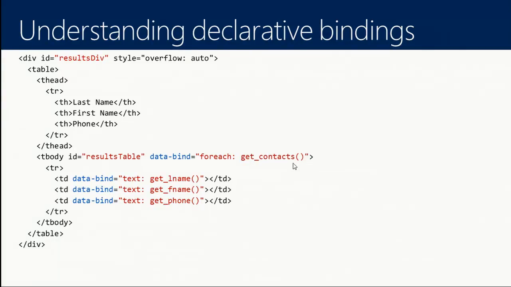Get contacts is a method that's going to return an array of contacts. Each contact has methods like get last name, get first name, and get phone, which will be data bound into this row. Basically, for every contact that comes back from get contacts, they'll be bound into a new row in the table, and that information will be displayed.